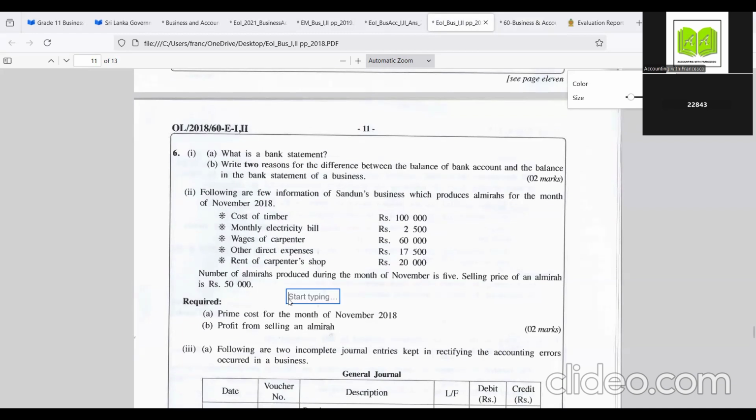Now for a sum like this, you must write the equation: direct material plus direct labor plus direct other. If not, you can't start this one. Let's see whether there is direct material cost of timber. Monthly electricity bill is indirect. Wages of carpenter is direct labor. Other direct expenses is direct other.